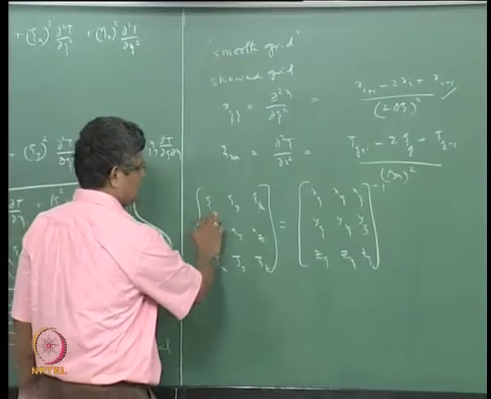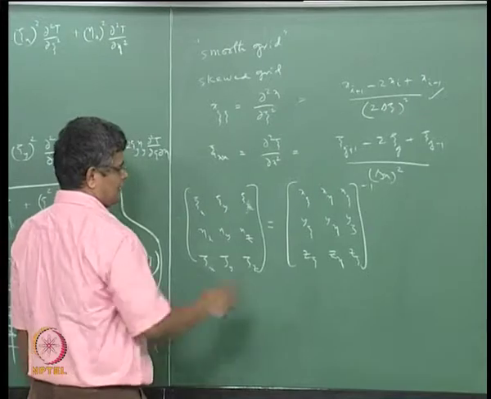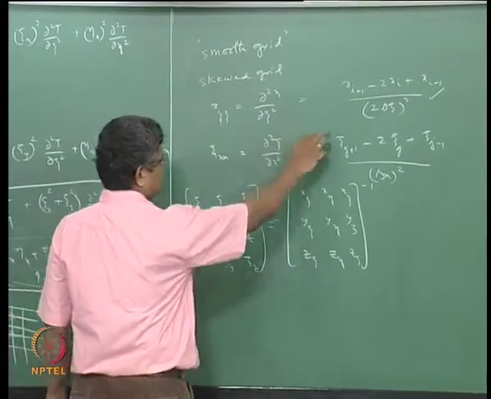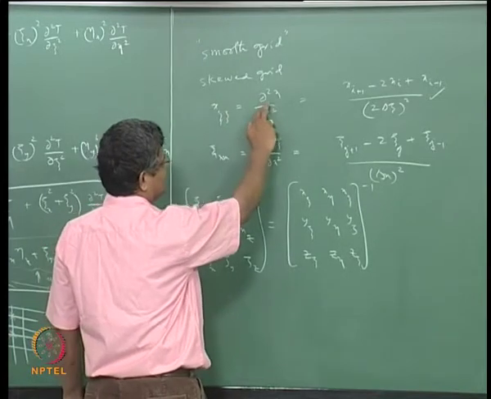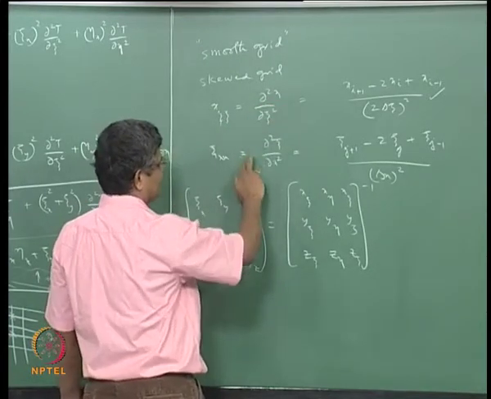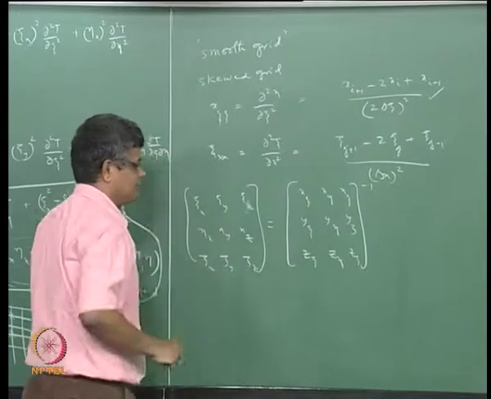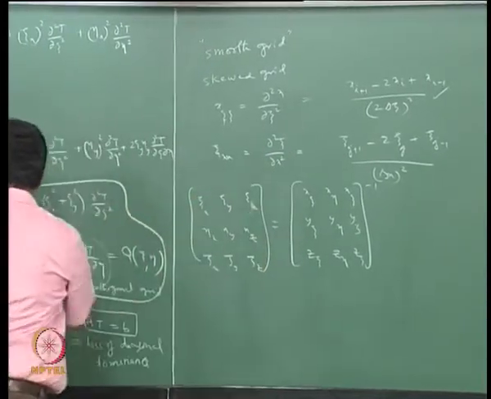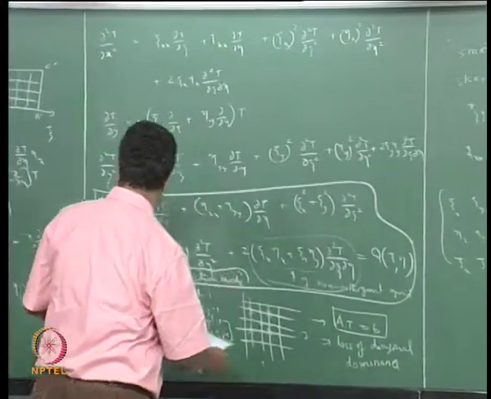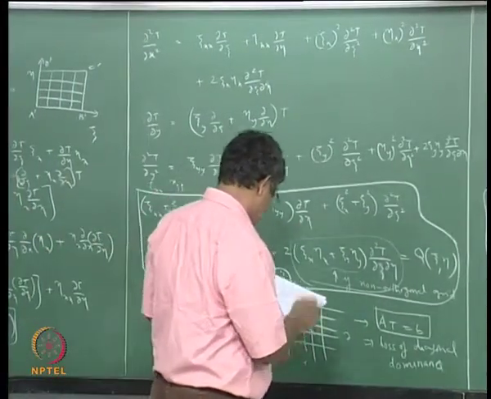So we can go from here to here or from here to here, and we are saying that it is easier to deal with dou square x by dou xi square rather than dou square xi by dou x square. So we make use of this relation to rewrite this in terms of psi like this.